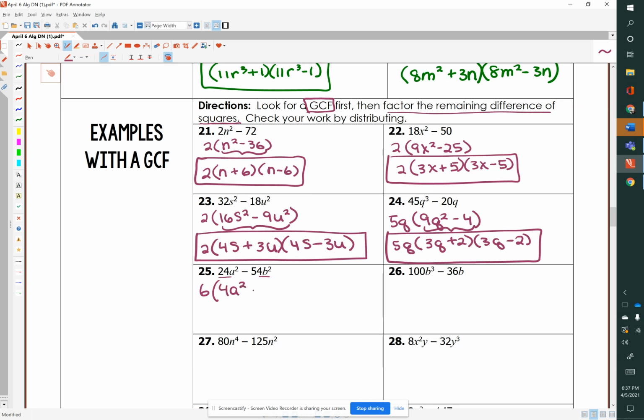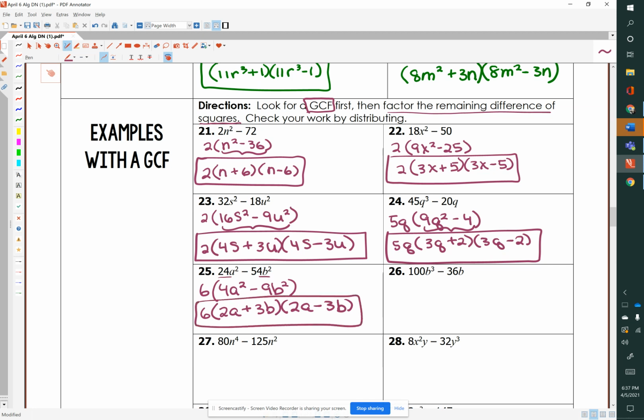So perfect square there. Minus 54 divided by 6 is 9, and we have that b squared. So we have a difference of perfect squares. So let's rewrite. 6 times 4a squared would be 2a plus 9b squared would be 3b, and then 2a minus 3b, and then we're done. Our work is done.